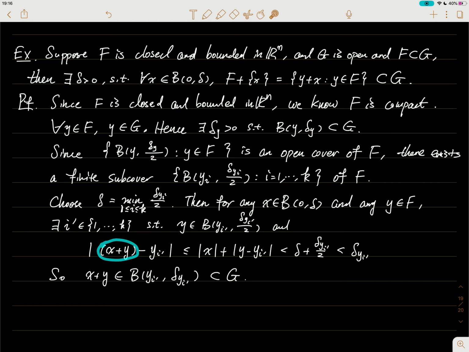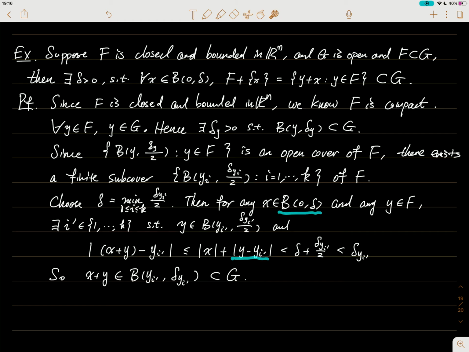Now I wanted to show that the point x plus y is in G. Let me check the distance between this point and y_i'. By applying the triangle inequality, this is bounded by the norm of x plus the norm of y minus y_i'. Remember that x is from this ball, which means the norm of x is less than delta.